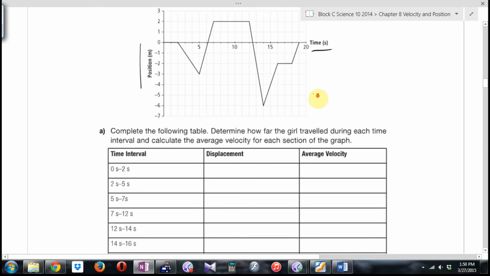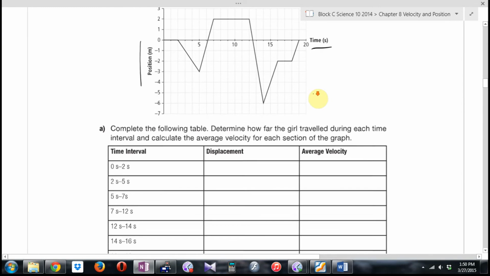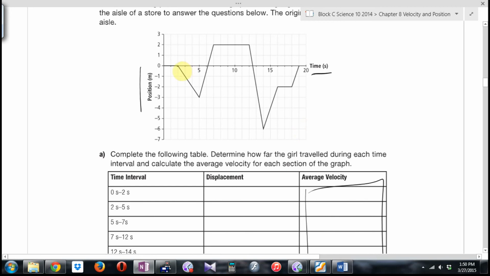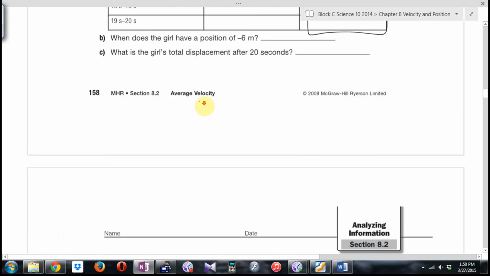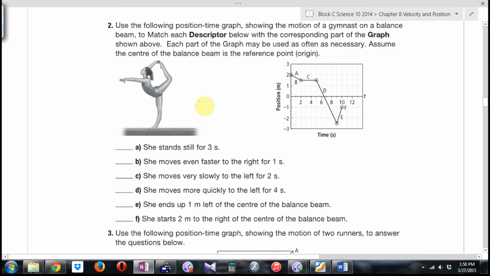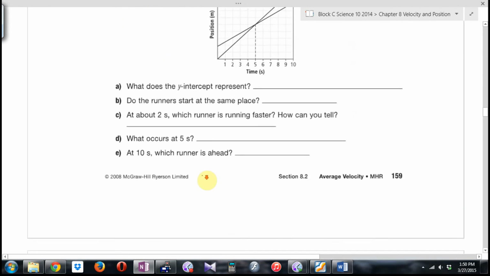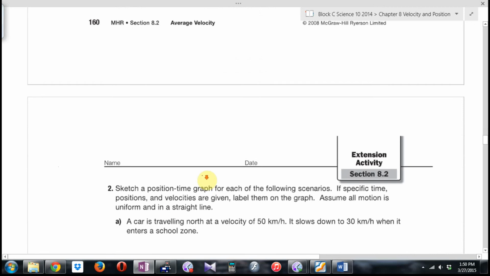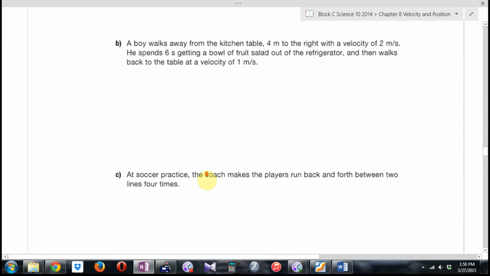So where they want the average velocity, it's going to be the slope. Now the displacement is final minus initial. I'll let you think about that. Then there's some more graphs. So this is a fair bit of stuff.